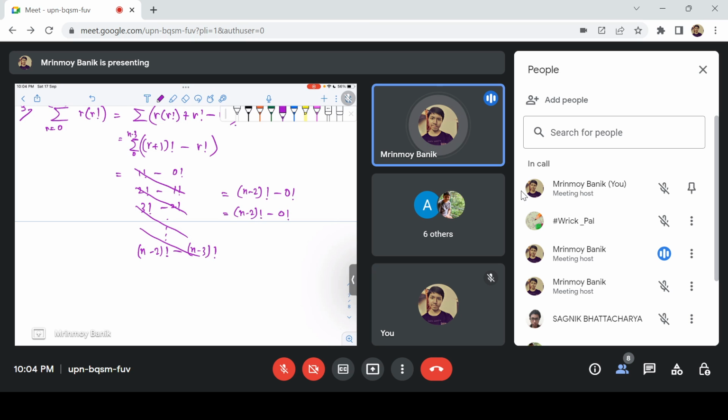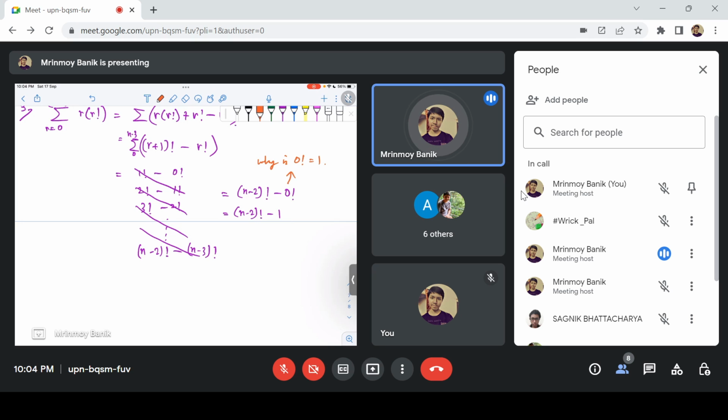It's an interesting question. Now, why is 0 factorial 1? So this is 1 here. Why is 0 factorial equal to 1? So can any one of you suggest how to prove this? Like, how is 0 factorial 1?